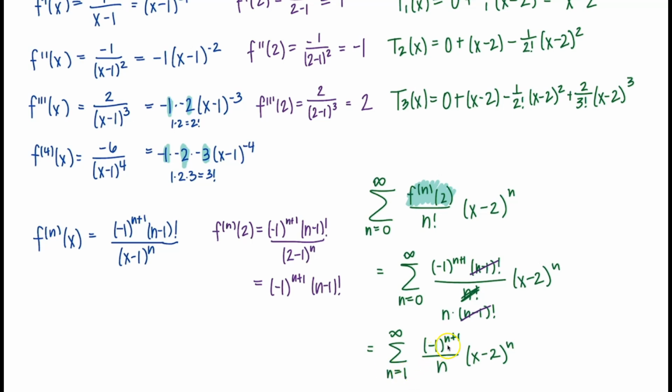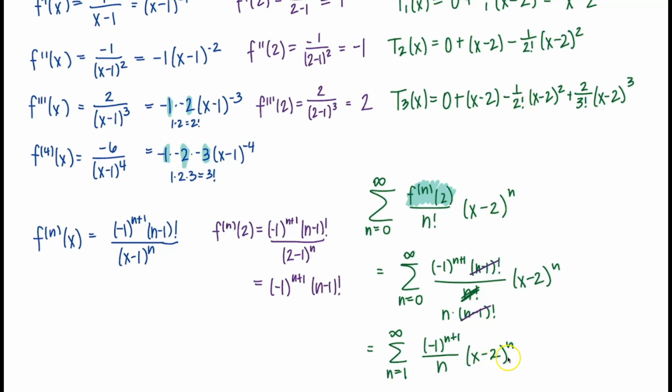If I substitute in 1, -1 raised to the 1 plus 1, that's -1 squared, that's 1, over 1, and then x minus 2 to the first. Well, yeah, that's the first part that comes out. And then if we substitute in 2 next, -1 to the 2 plus 1, that's -1 cubed, that's going to stay negative over 2. So 1 over 2 factorial, that's just 1 over 2.